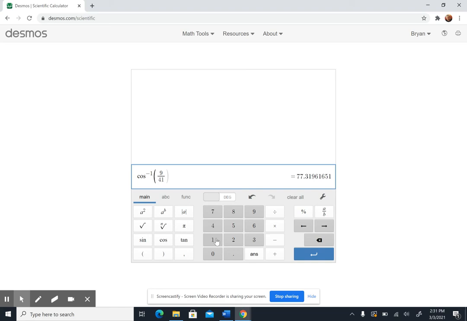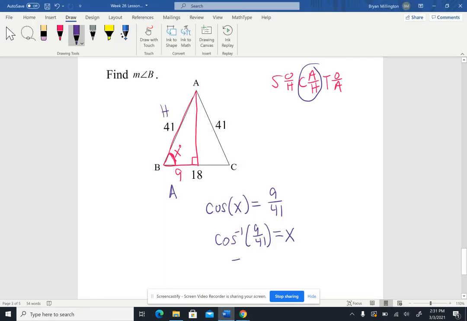So I'll just round that to 77.32. 77.32 is about what x equals. So the measure of angle B is approximately 77.32 degrees.